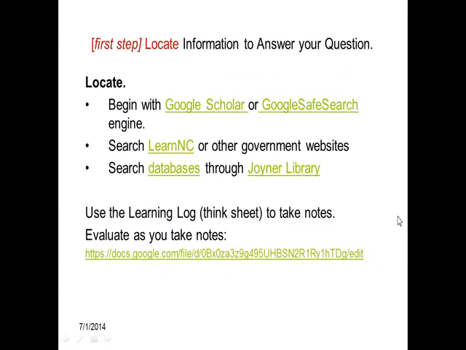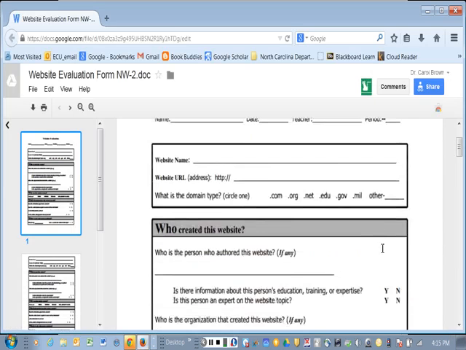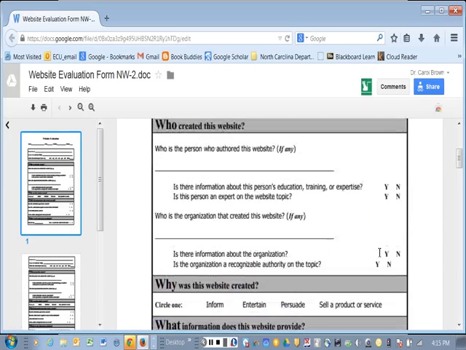So, where to locate information? It's right here. But we need to evaluate, and so I have provided, here's a Google Doc, a little think sheet that you can use to help you evaluate the resources.